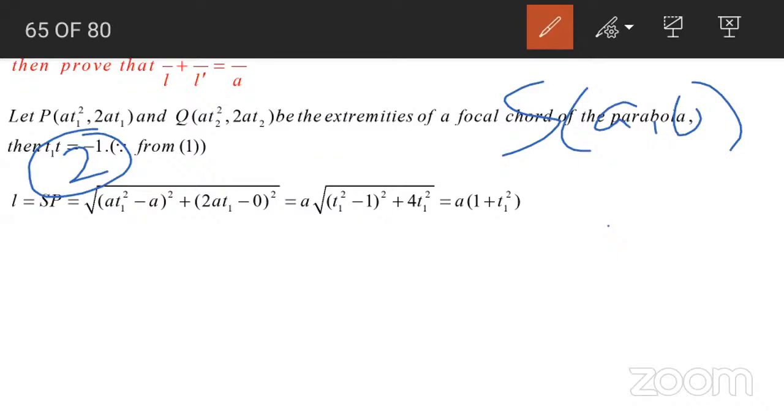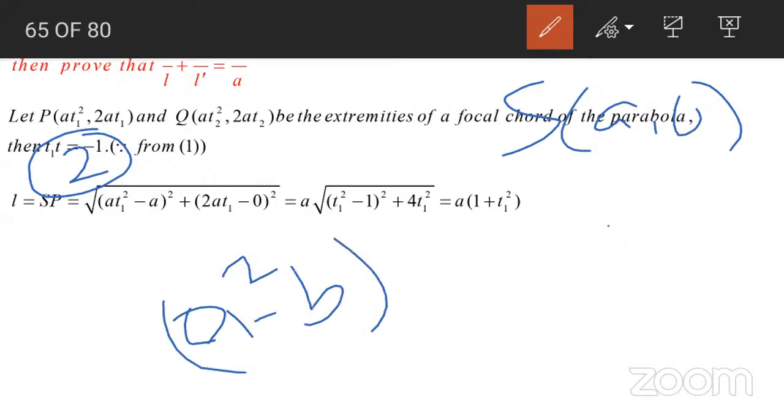Then expand. So a square is there in both terms, so you take a outside. Then you will get (t1 square minus 1) whole square plus 4 t1 square.